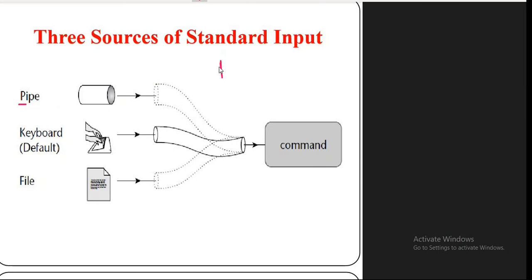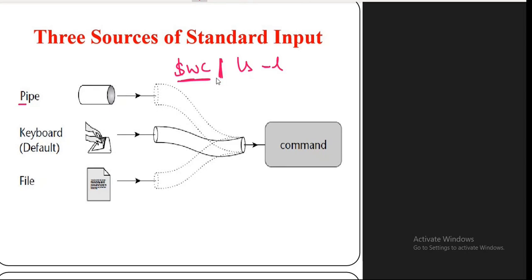Normally I have used this: wc and ls -l. What happens here? It is going to list the files, and whatever output comes from this command will be given as input to this one, using this pipe mechanism.